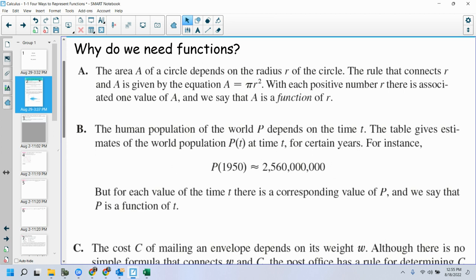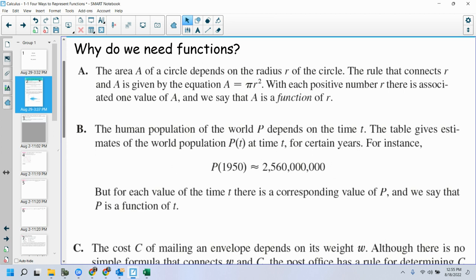So for example, let's talk about these different types of functions. The area A of a circle depends on the radius r of the circle. The rule that connects r and A is given by the equation A equals pi r squared. We know the area of a circle formula, right? With each positive number r, there is one associated value of A, and we say that A is a function of r.